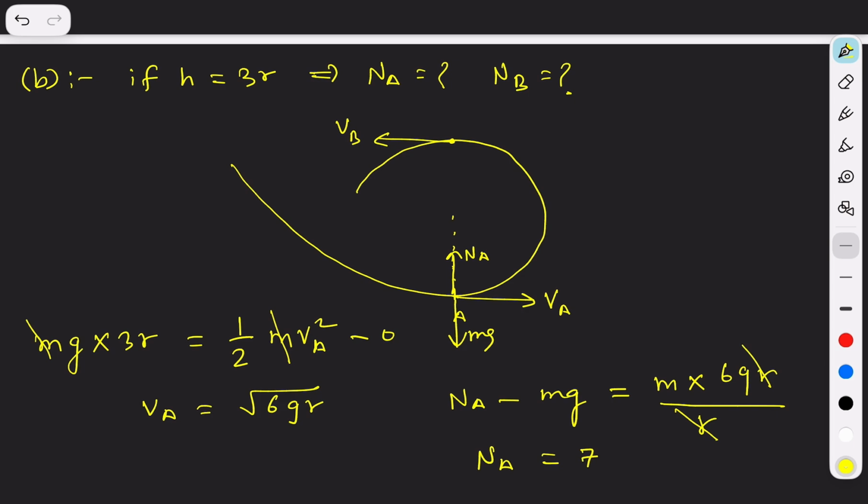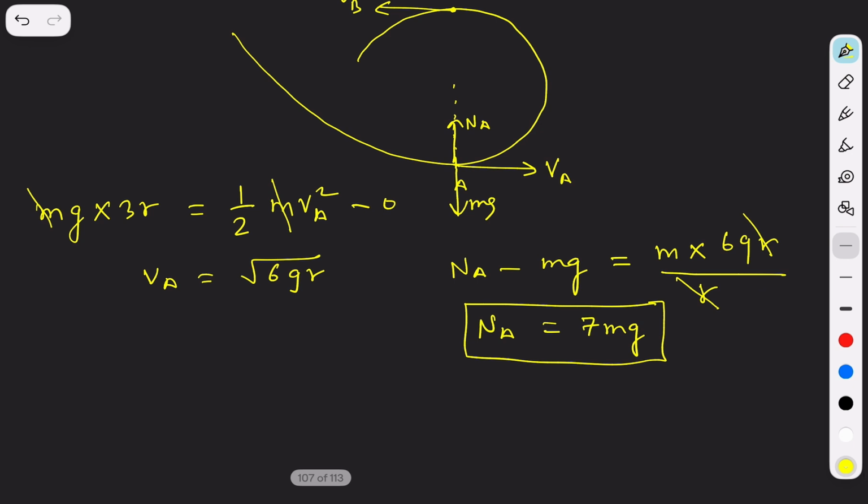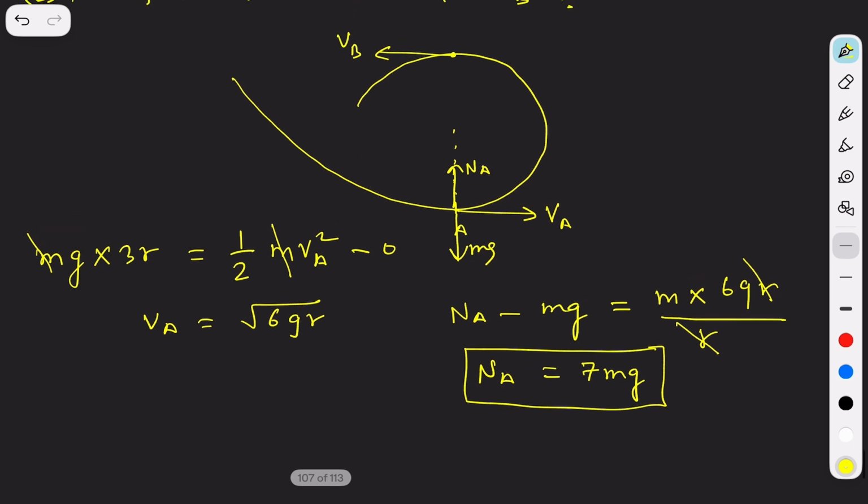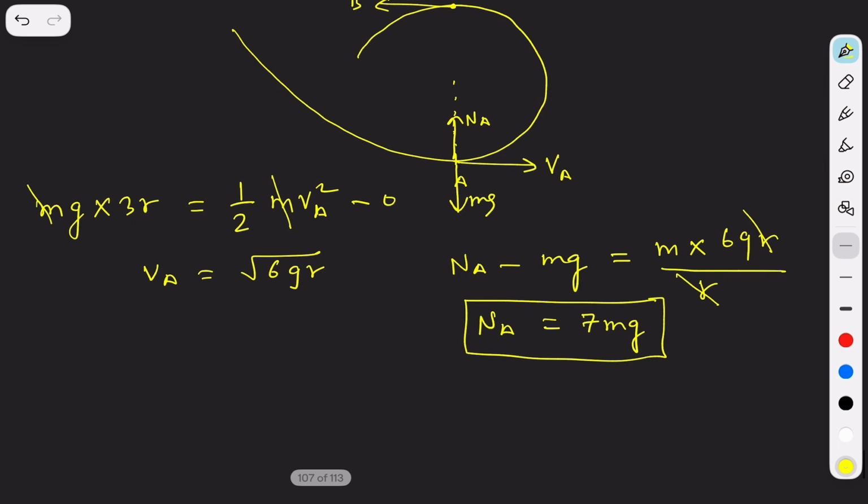Now if you want to go to point B, we can calculate the velocity at point B. If we want to find out the velocity, vb square will be equal to va square minus 2gr into 1 minus cos theta.